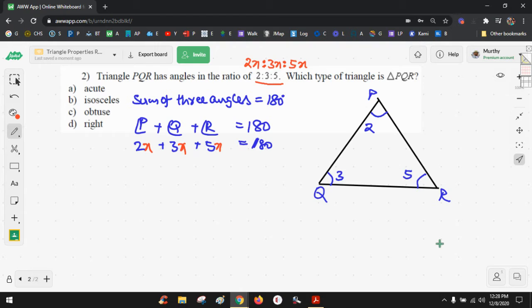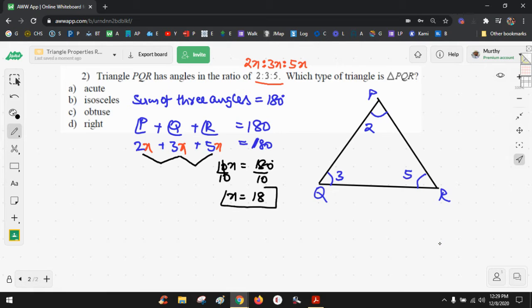Again, at the end, I'll explain why I'm taking x. So let's continue working with x. So 2x plus 3x gives me 5x. 5x plus 5x gives me 10x. 10x equals 180. You know how to isolate x? Division by 10. Then after the cancellation, x equals 18 degrees.